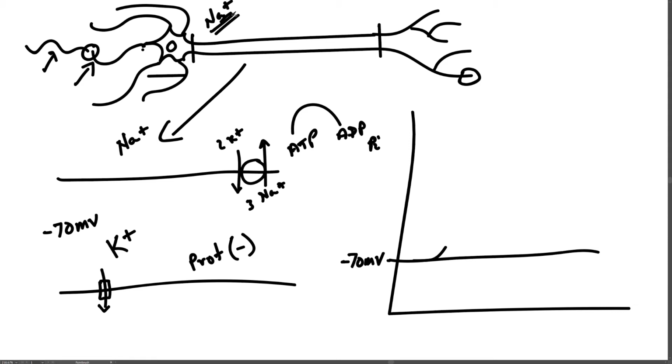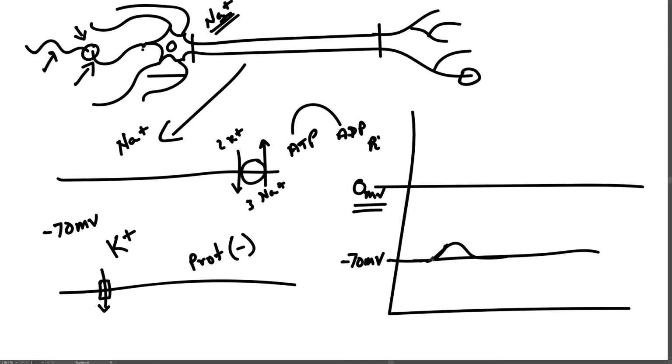The sodium is a positively charged ion, and if it enters the cell, then the resting potential is going to go from minus 70 millivolts in a positive direction towards 0 millivolts. So you're going to get an increase in the potential. Now, if the signal is not that strong, that is, you don't have very much sodium entering the cell, then the sodium dissipates and the potential goes right back down to minus 70 millivolts.